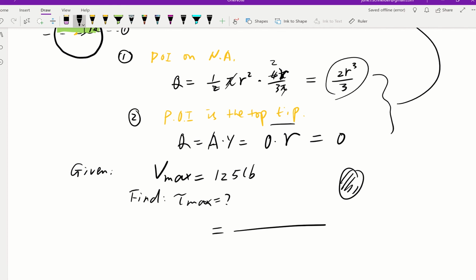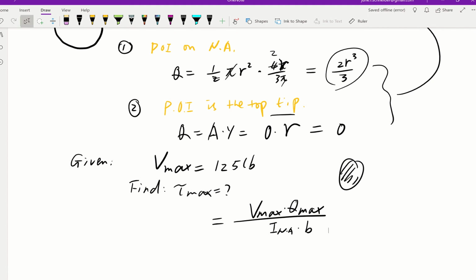Okay, so we're back. Tau max is going to be this V max times this Q max, over your I about the neutral axis times B, the width at that point. So when do you get the maximum? The maximum occurs at the neutral axis.